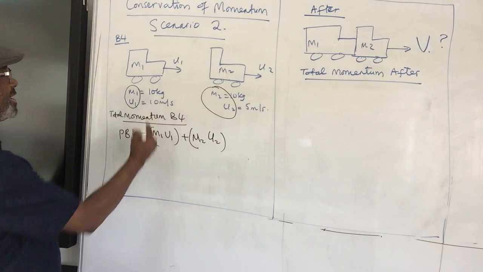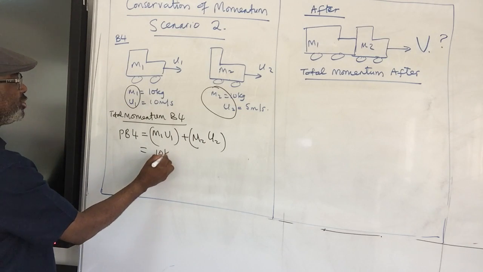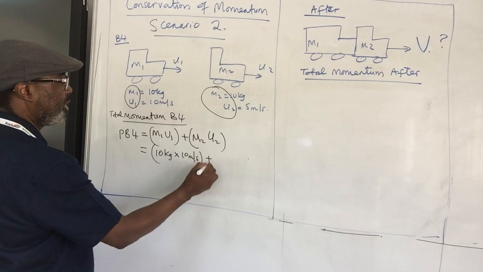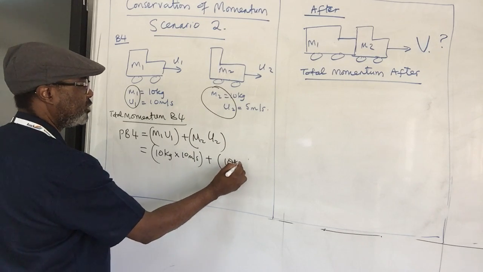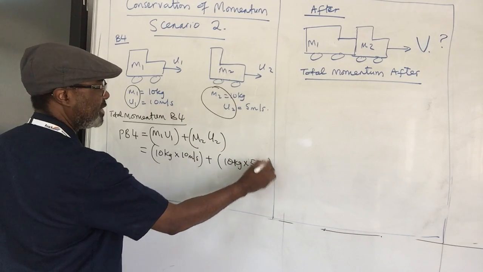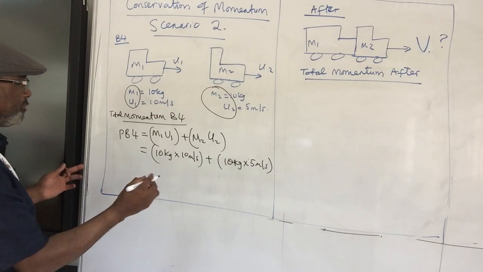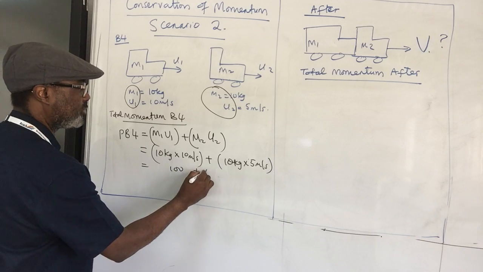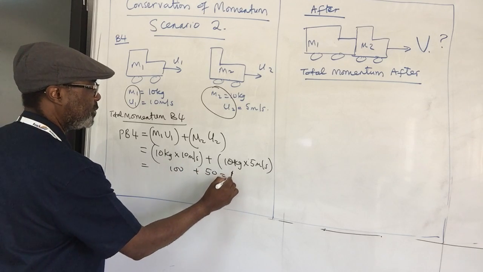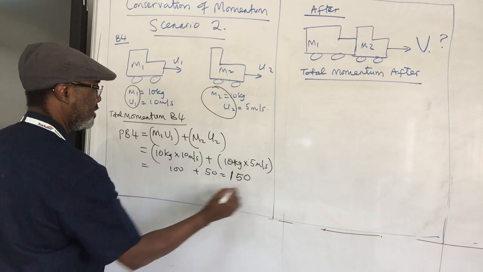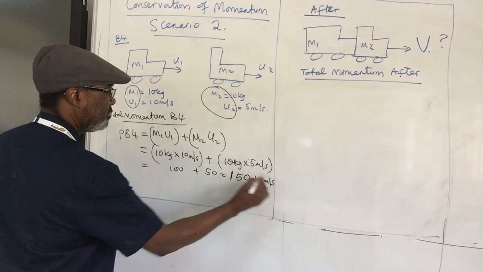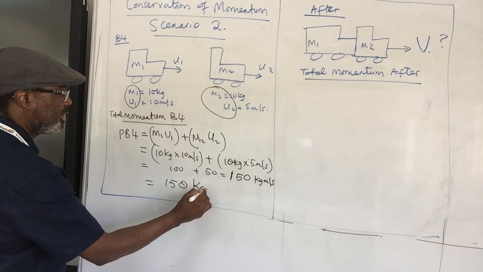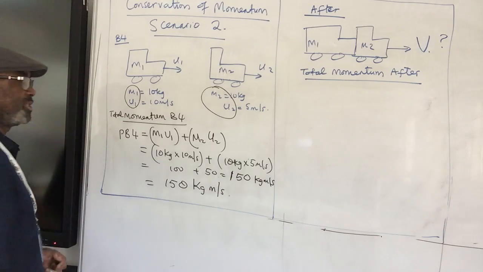Then we can put the figures in, which is 10 kg multiplied by 10 meters per second plus 10 kg times 5 meters per second. That's 100 plus 50, which equals 150 kg meters per second. So the total momentum before is 150 kg meters per second.